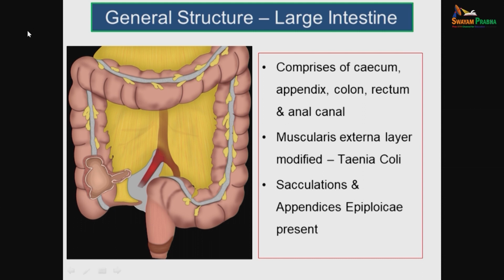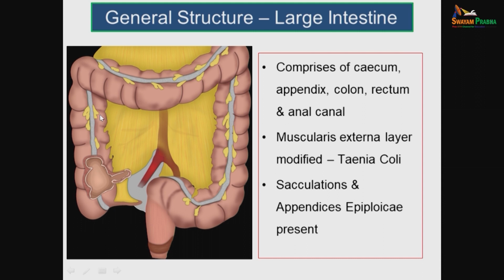So if you take the large intestine, the same layers: mucosa covered by muscle and still more covered by serosa. The transverse colon and sigmoid colon are suspended by the mesocolon, whereas the ascending and descending colon are covered by peritoneum only in their anterior aspects.